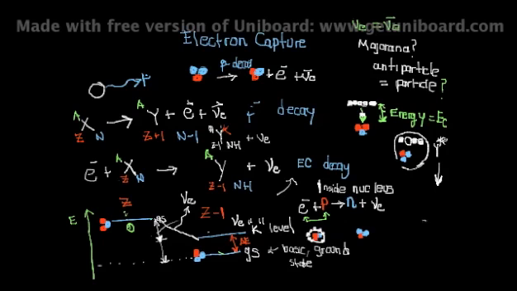So they must somehow reorder the distribution of electrons to get a distribution with the lowest energy, and therefore in this process we will emit energy. Here we emit energy.